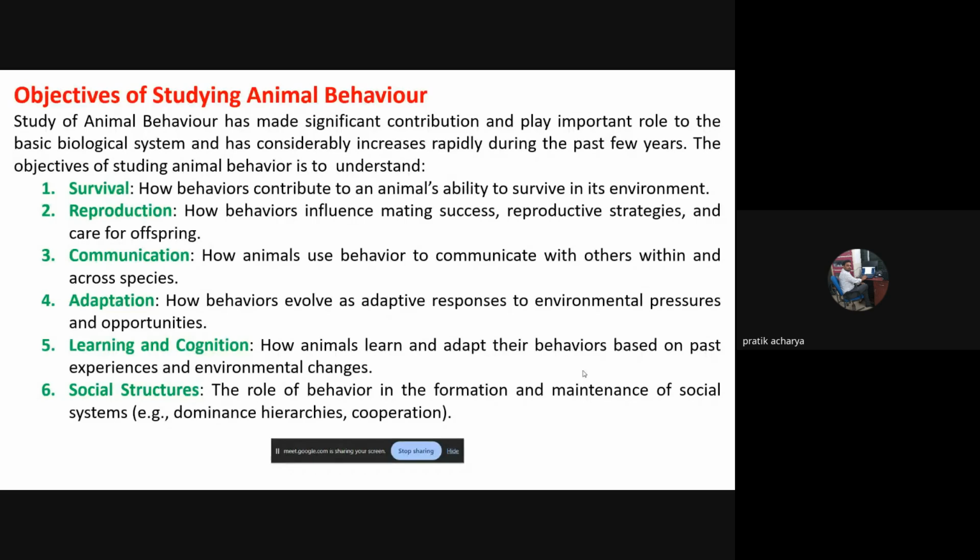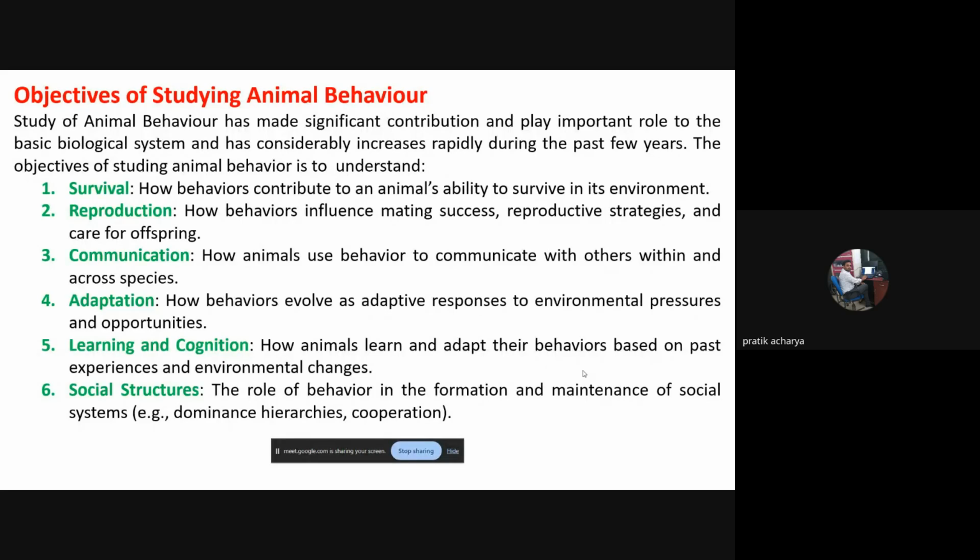Different objectives I have marked, and some important objectives I have cited here. First is survival. That means the contribution of behavioral pattern to the survival of the animal. How an animal survives in the environment depends on its behavior.